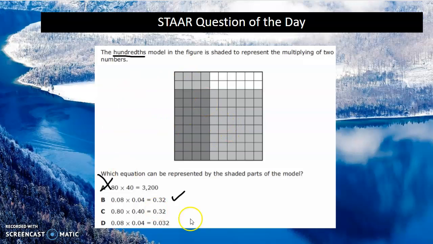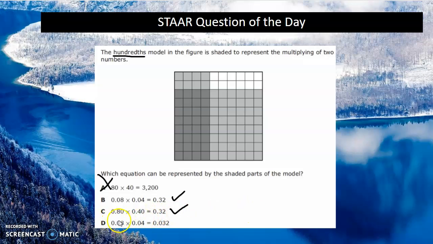Show me a finger of what this entire box is, one whole. So we're not dealing with the hundreds model anymore. It's the hundredths model. So I am assuming you either chose B or you chose C.